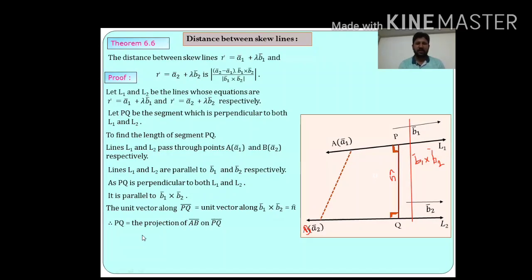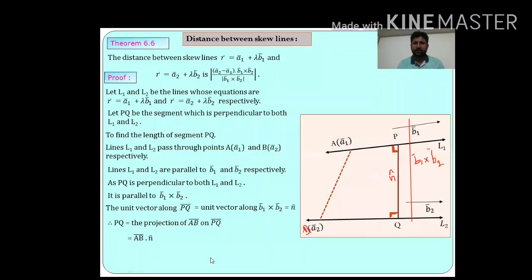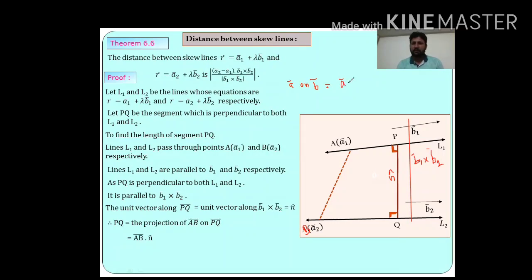Let us see here. The projection formula is AB bar dot with n cap. Generally, the projection of one vector along another vector is given by the mathematical formula: suppose you are writing the projection of A bar on vector B bar, that is given by A bar dot B bar divided by the magnitude of vector B bar.